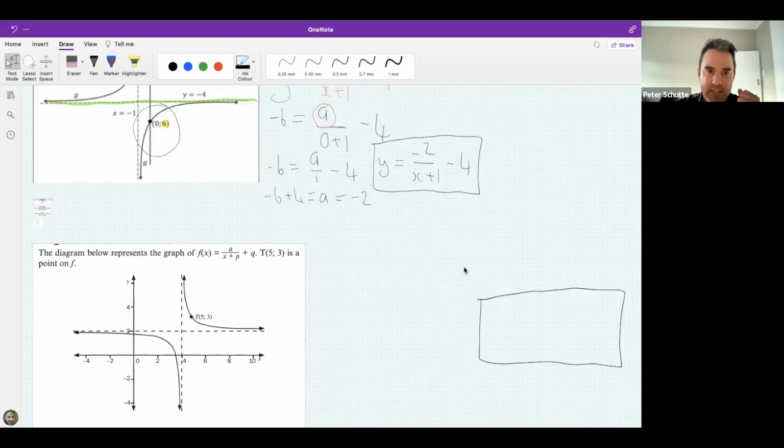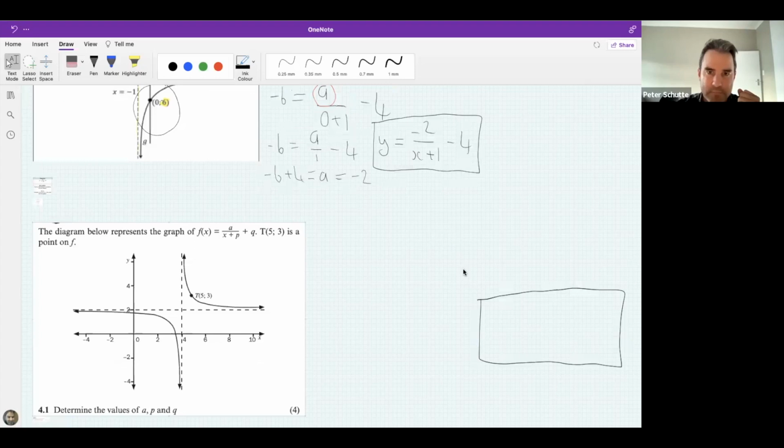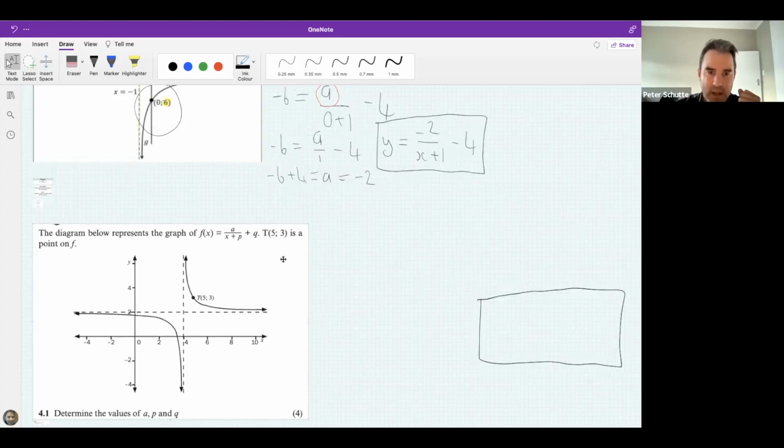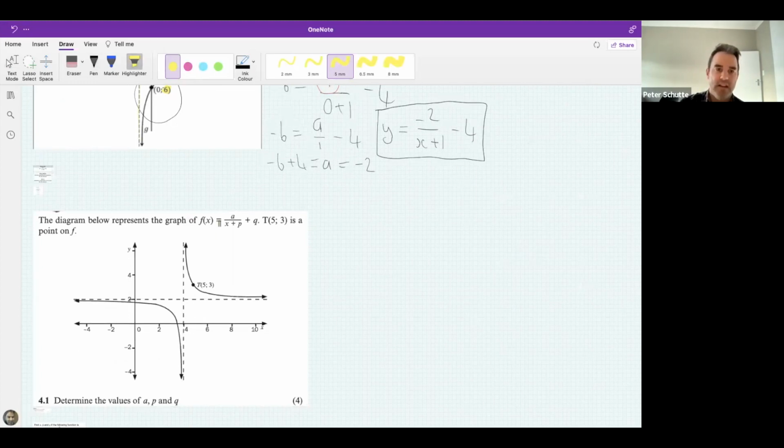I'll leave the other bit of working out on the board if that's helpful. Find me hyperbola F's equation. Over to the students. If you have a question, just raise your hand and I can assist you where possible.